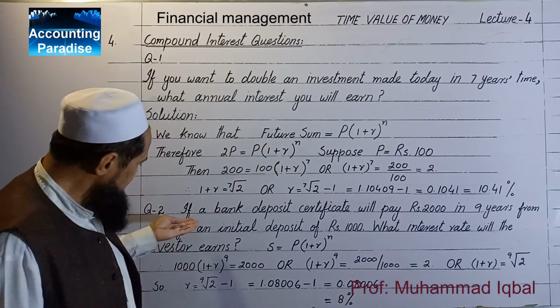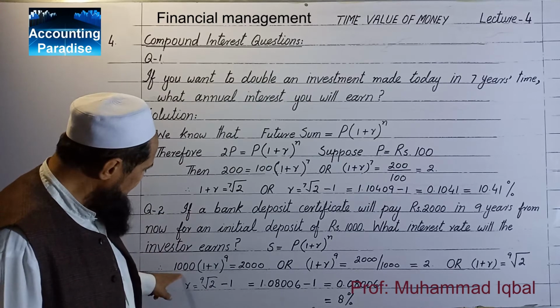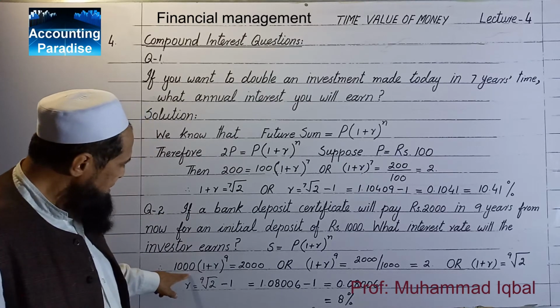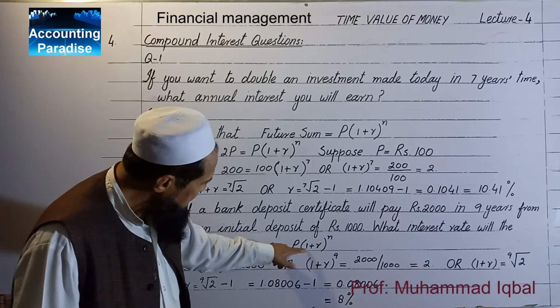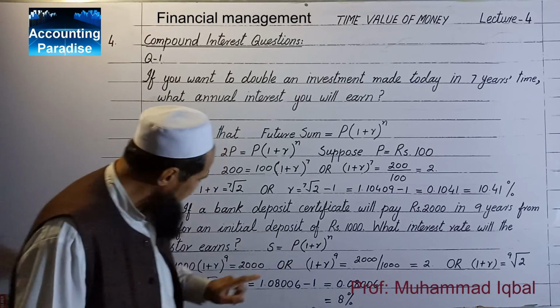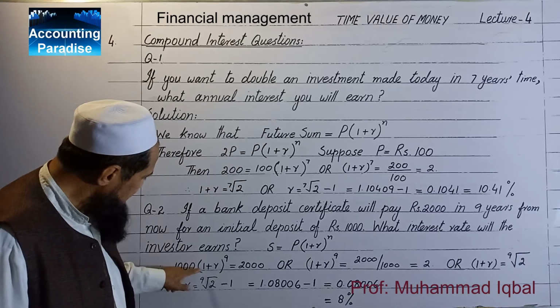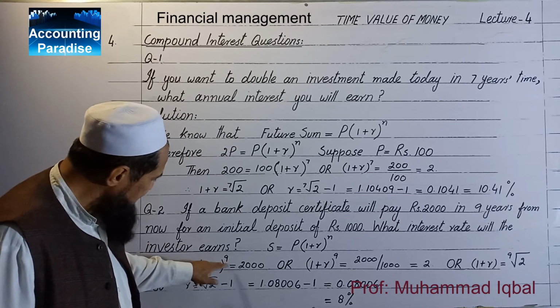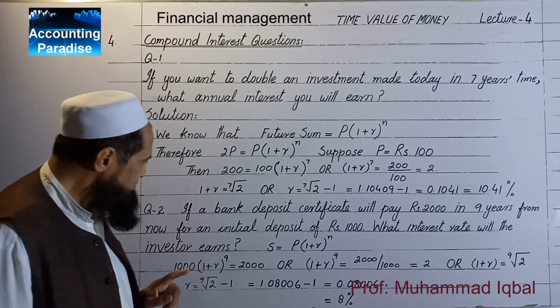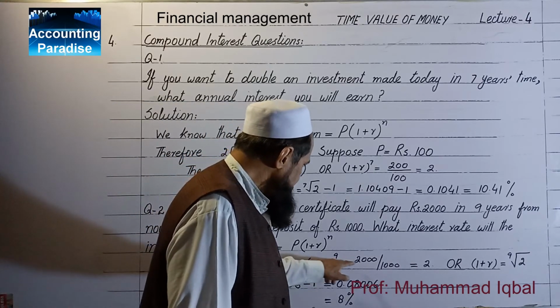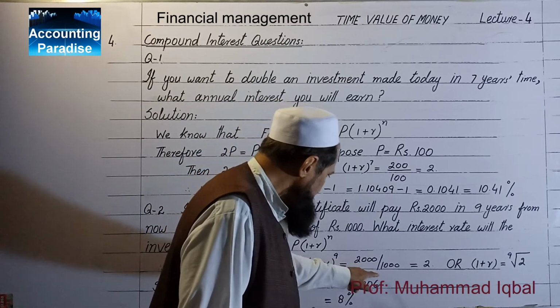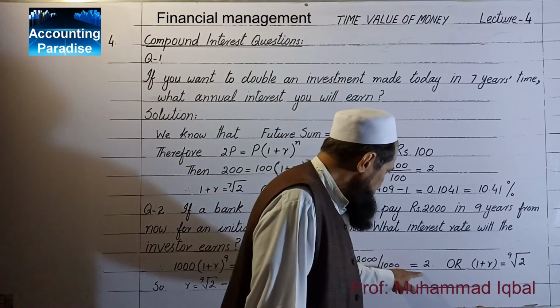Now here the amounts are given. He deposited rupees 1000. Same, future sum is equal to P into 1 plus R raised to the power n. 1000 into 1 plus R raised to the power 9 is equal to 2000. It means 1 plus R raised to the power 9 is equal to 2000 over 1000, which is equal to 2.